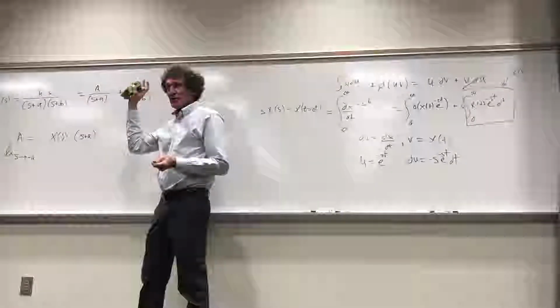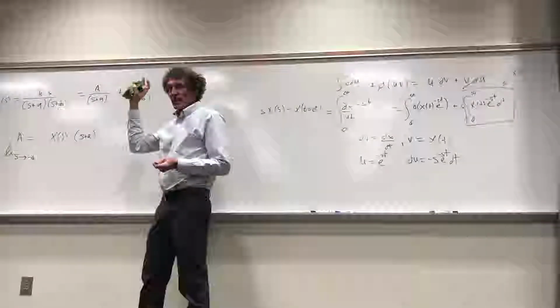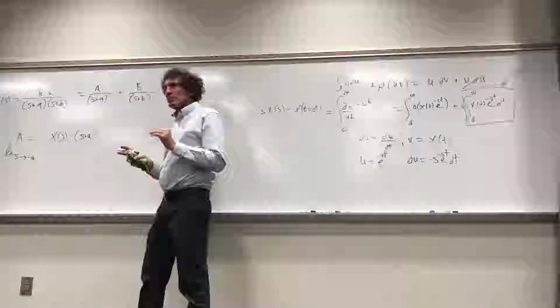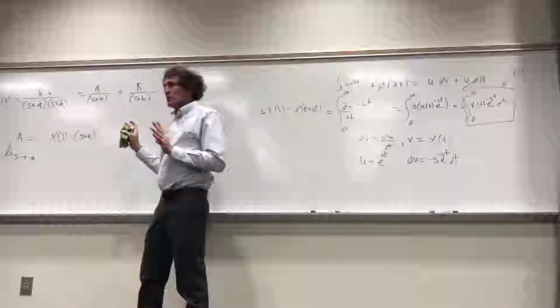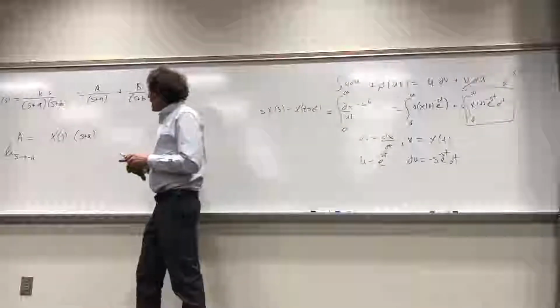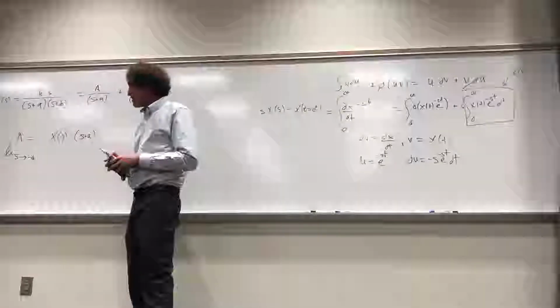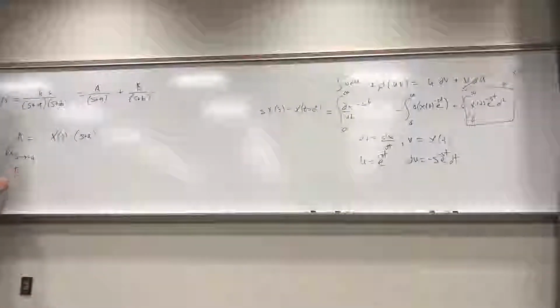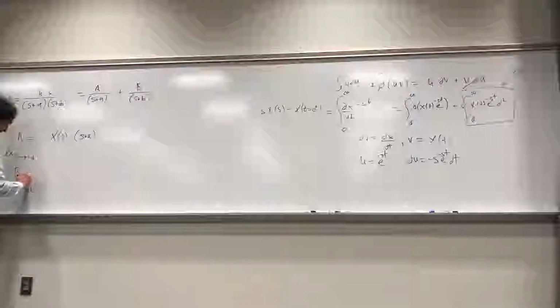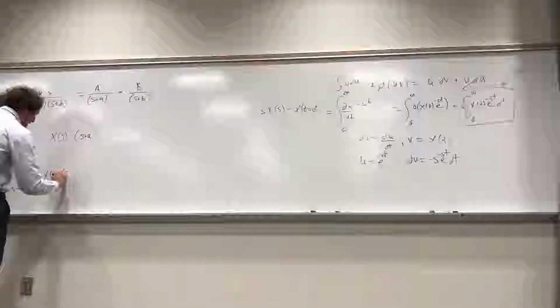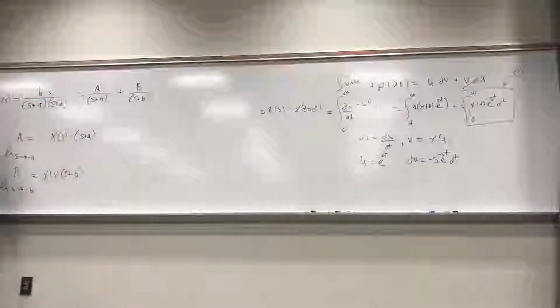I'll put numbers in to make it more clear, but I have to go through this. I didn't go through this simply with you, and I was sensing that some people really didn't know what was going on. That's the reason I'm doing it. I thought everybody did, but how do I get B? It's really the same thing. The limit as s goes to minus b, right, of X(s) times (s plus b). Correct, class?